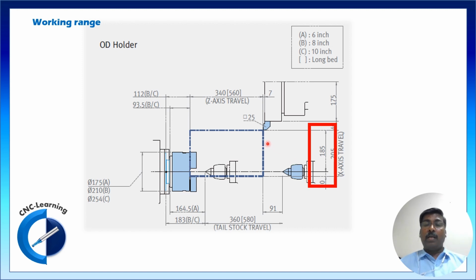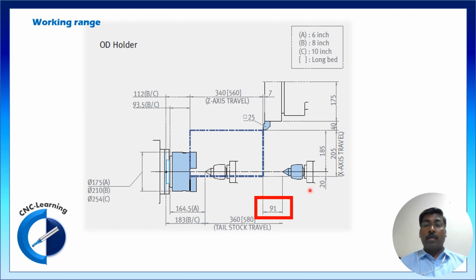But definitely you cannot turn a diameter of 370 because the tool has to be lifted up. Some clearance we need to consider. So if we consider say 10 mm clearance, then the diameter can be 350 to 360.